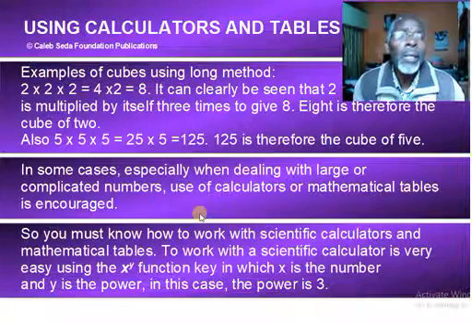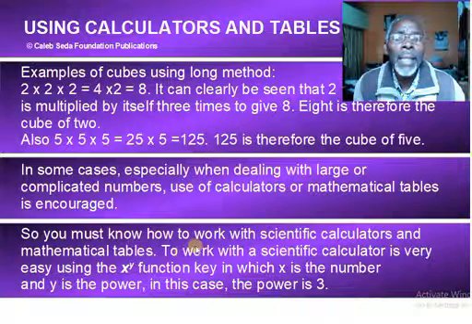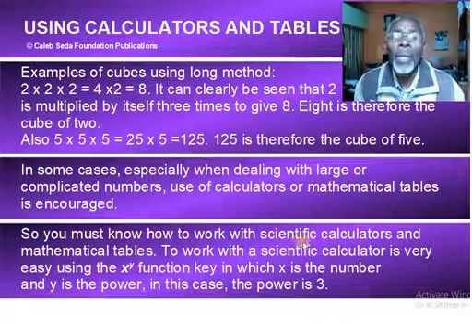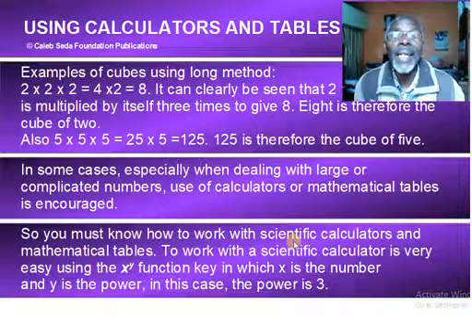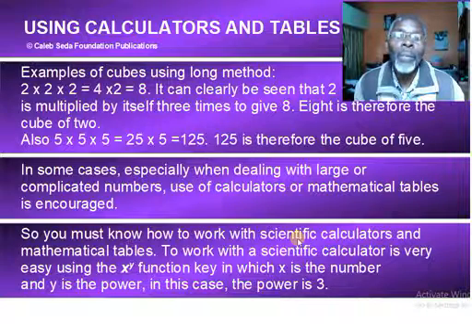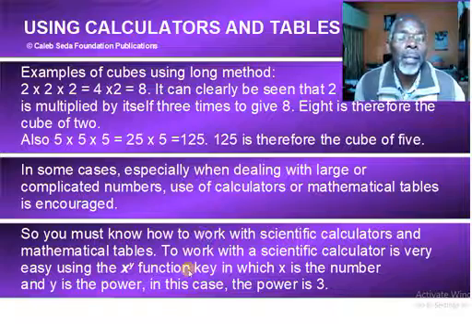There are two different types of calculators: the ordinary calculator, such as the one used by shopkeepers, and the one used by scientists or mathematicians, called the scientific calculator. The scientific calculator has very many other features in relation to mathematics, which are not available in the ordinary calculator.